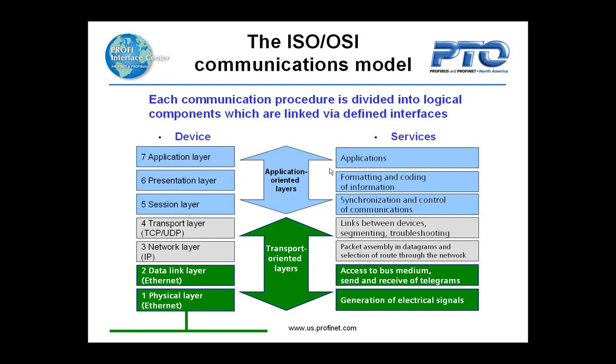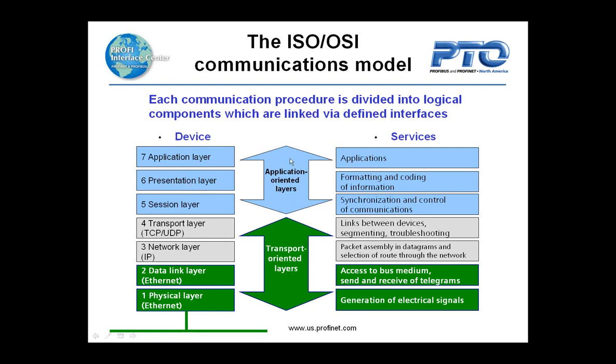So if you look on the left-hand side here, we have maybe a device or a computer on the network. We have the 7-layer model, and I remember from college I learned an acronym that all people seem to need: data processing. That's an acronym maybe you can use to remember this, but we start off with the application layer, the presentation layer, and the session layer.